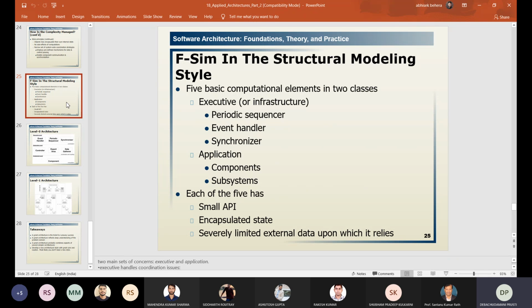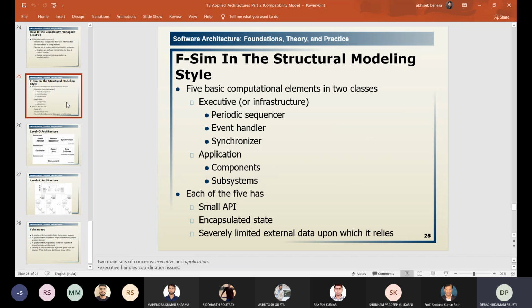But the FSIM is mainly for space administration or space simulation. And here the 5 basic computational elements are the periodic sequencer, the event handler, the synchronizer, and in application we have the components and subsystems. These are the 5 basic computational elements.